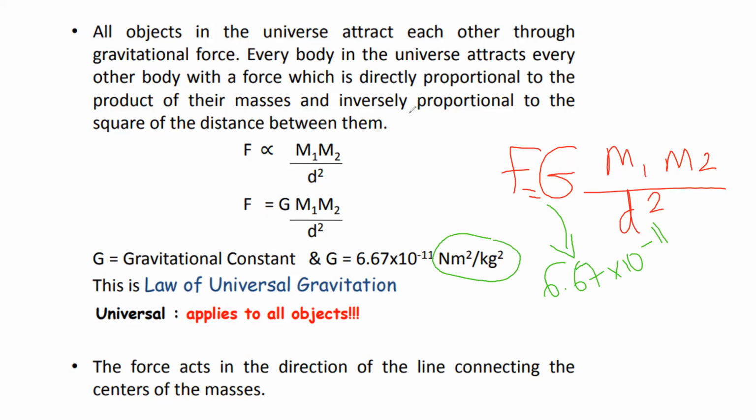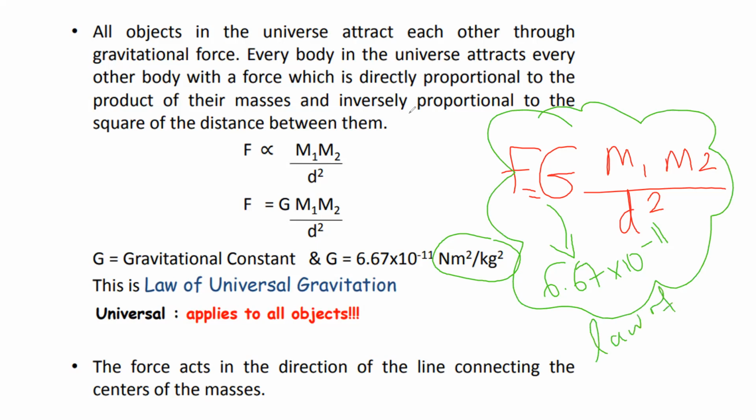Newton meter squared over kilogram squared. This is the unit of G, the gravitational constant. We call it the law of universal gravitation. But teacher, isn't it Newton times kilogram over meter?